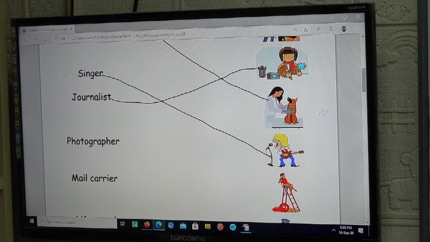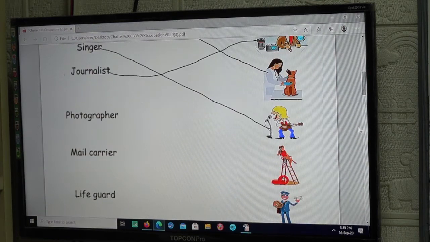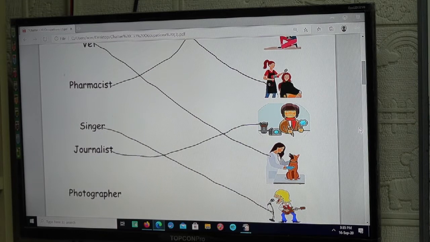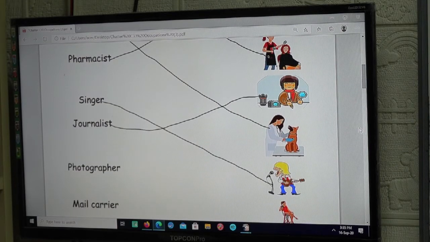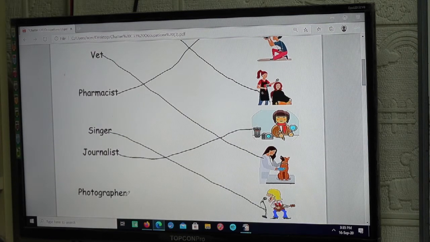The following one is the photographer. Who's a photographer? That takes photos, right? Yes, so he is the photographer. There are many kinds of photographers in the world.